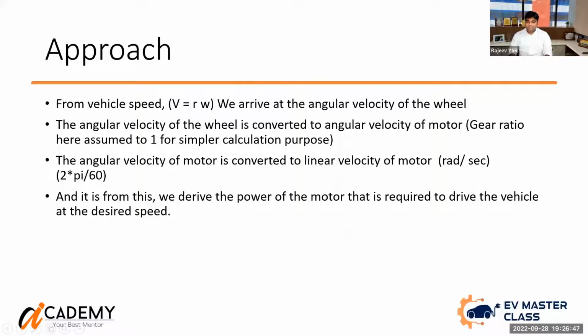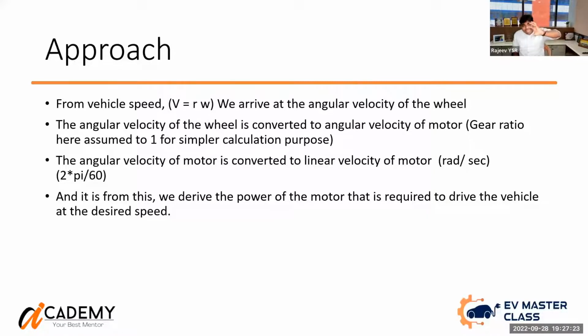So, from the vehicle speed perspective, the speed at which the vehicle is moving, we arrive at the angular velocity of the wheel. How do we arrive at the angular velocity of the wheel? Speed of the vehicle divided by radius. Now, this angular velocity of the wheel is nothing but, given that the motor is a hub motor and, to keep it simple, without gear ratio, the angular velocity of the wheel is nothing but the angular velocity of the motor.